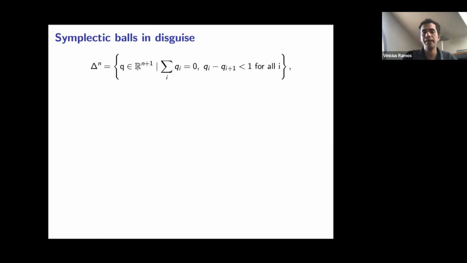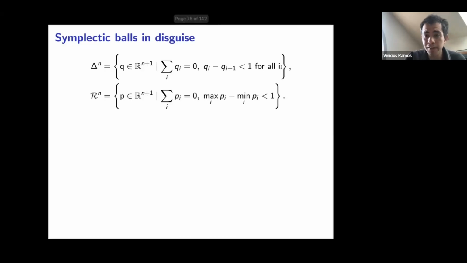You look at R^(n+1), and you look at this hyperplane in R^(n+1), where the difference of two consecutive coordinates is less than 1. And you look at this cyclically, so the last coordinate minus the first coordinate is also less than 1. Here's another set that I'm calling R_n.